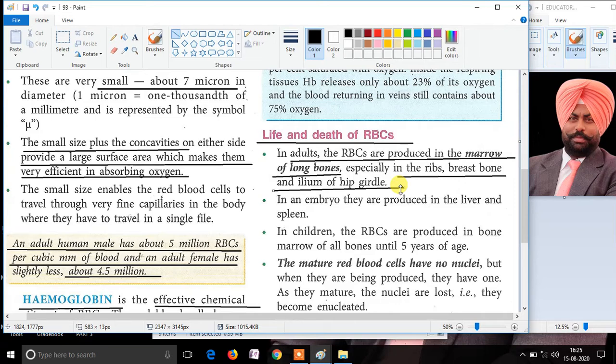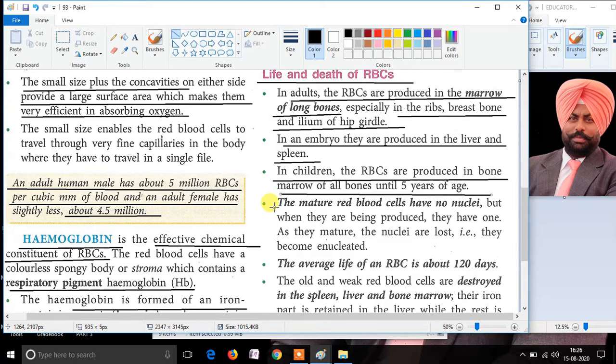Thus we can say that the production of red blood cells is in the marrow of long bones, ribs, breastbone, and ileum of hip girdle. In the embryonic stage, RBCs are produced in liver as well as in spleen. In the children age, RBCs are produced in near about all the bones up to the age of 5. Every bone is producing RBC in children at the age of 5.